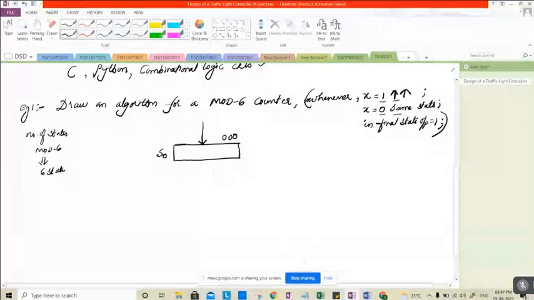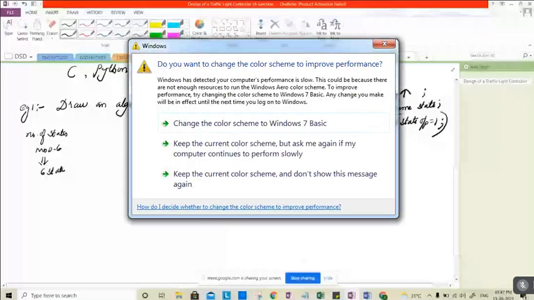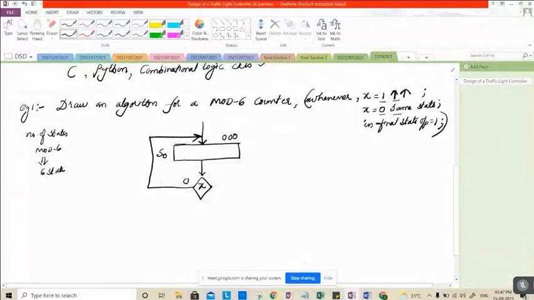Right, perfect. Now, initially it is in state S0, and when it comes across the value of x, if x is equal to 0, please remain at the same state. And if x is equal to 1, we move on to the next state, which is S1. S1 is represented as 0, 0, 1.